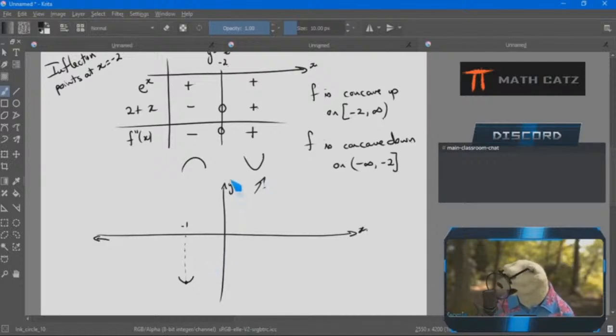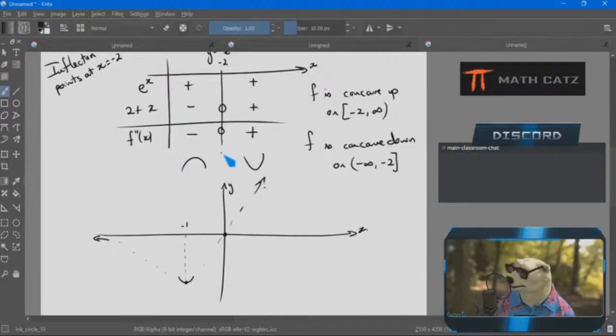We would have a y-intercept of 0, and that's pretty much what we have, right? Increasing on the right side of negative 1, actually decreasing on the left, increasing on the right. Okay, so somehow we have to come down to that turning point and up. Okay, it's fine.